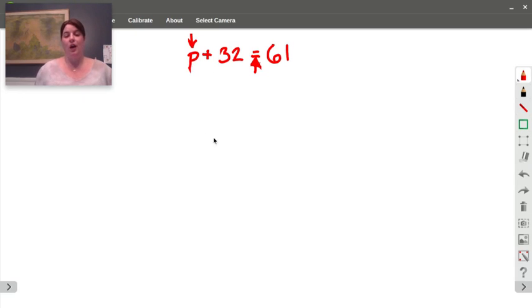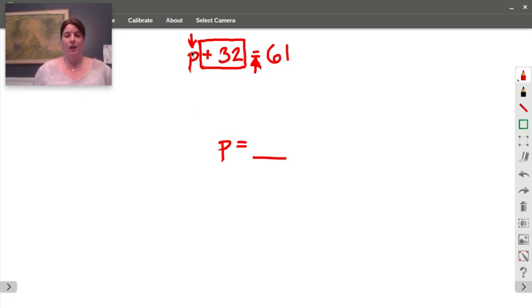So our end goal is to have p equals something. As we're looking at this, there's something standing in our way from having p all by itself on this side of the equal sign. And the thing that's standing in the way is this plus 32. We've got to get rid of this plus 32.